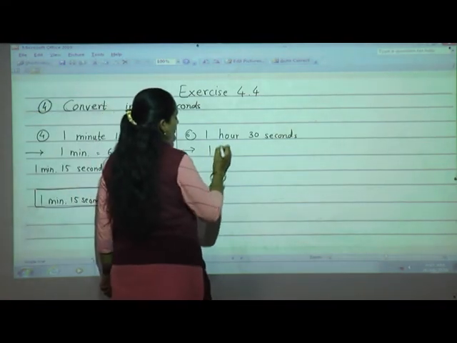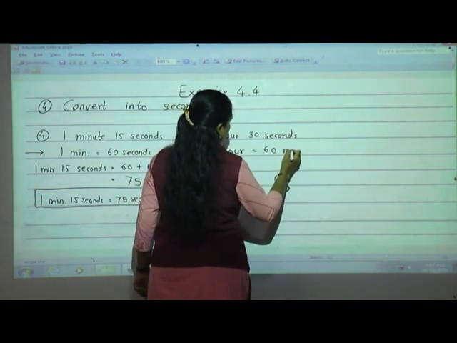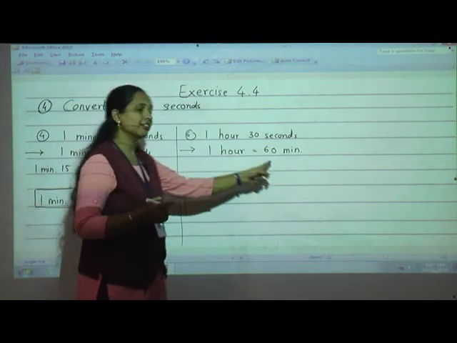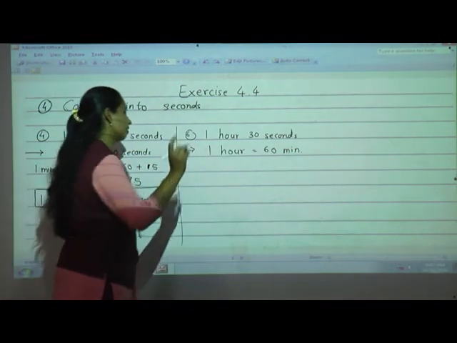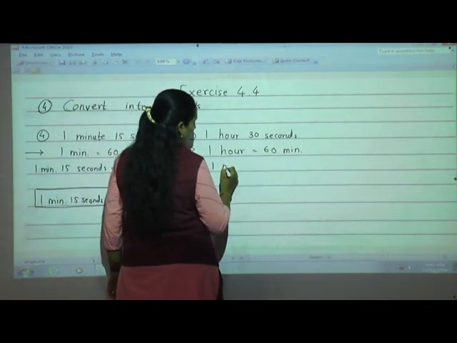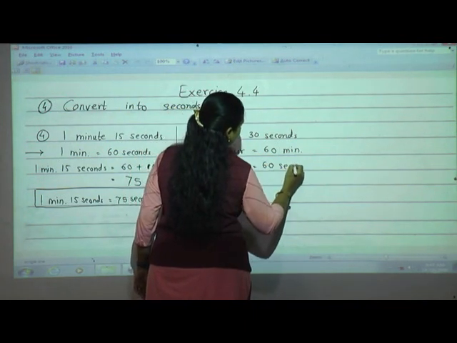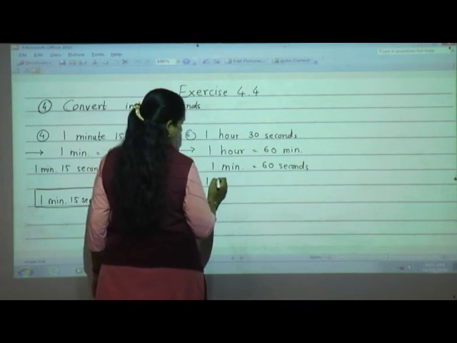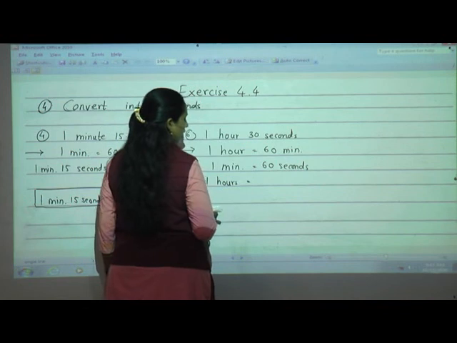So here 1 hour is equals to 60 minutes, isn't it? Now this is what? 60 minutes. Now we have to convert 60 minutes into second. So for that 1 minute is equals to 60 seconds. So 1 hour is equals to, see how much?